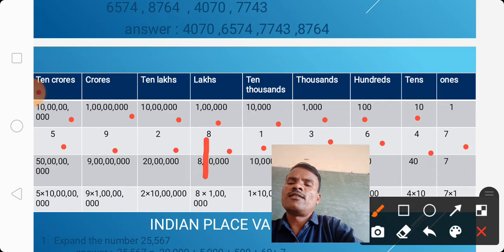5 is in the 10 crores place, that's why it is 50 crore. 9 is in the crores place, so this is 9 crore. Then 2 is in the 10 lakh place, that's why it is 20 lakh. Then 8 is in the lakh place, that's why it is 8 lakh.